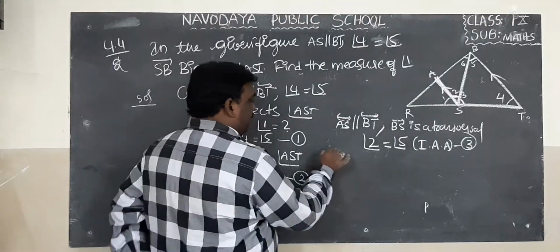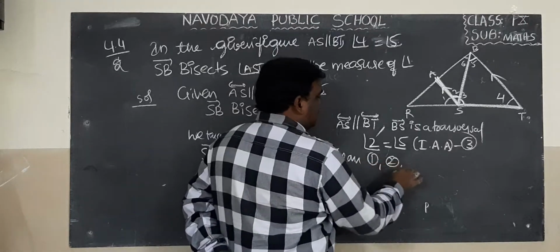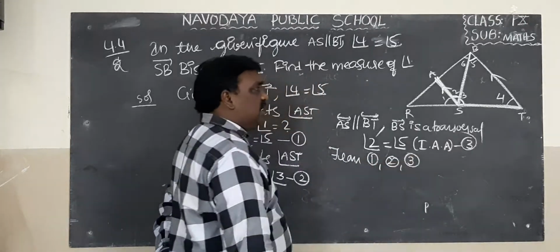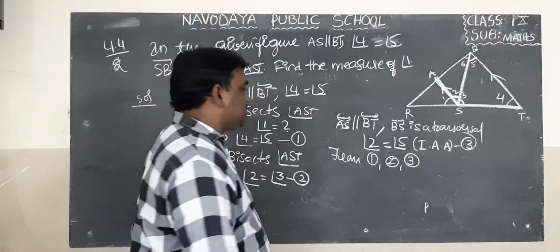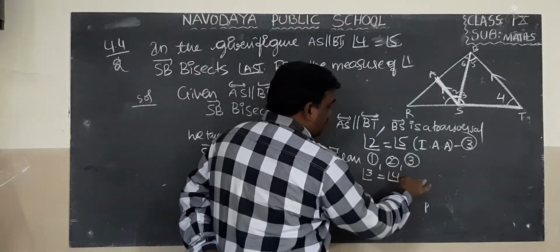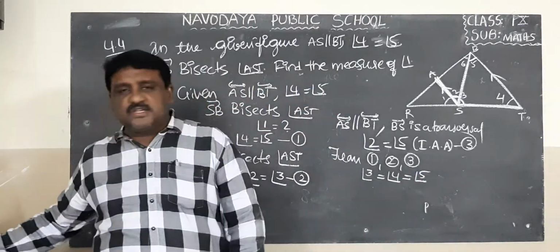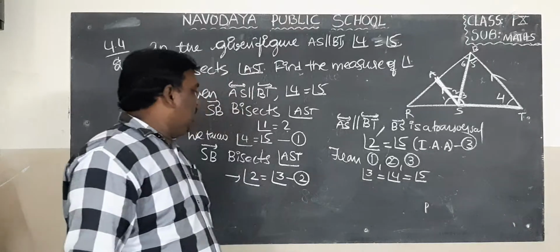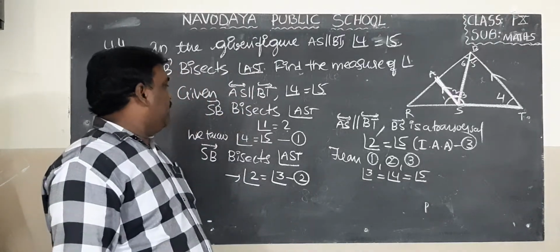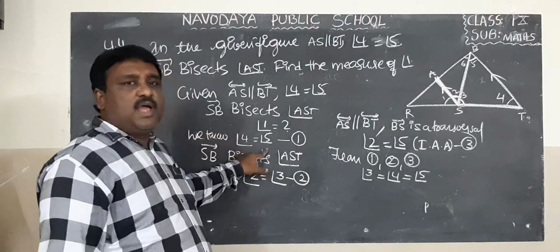Combine all the three from 1 to 3 equations. Let us combine all the three. What we get? Angle 3 equal to angle 4 equal to angle 5. What is the first equation? Angle 4 equal to angle 5.